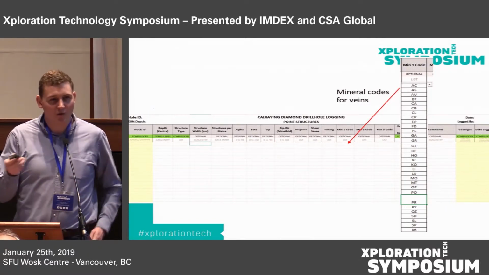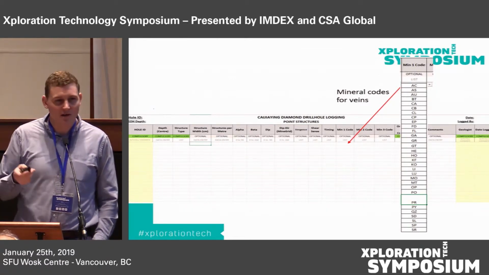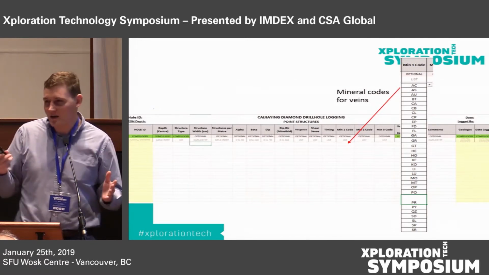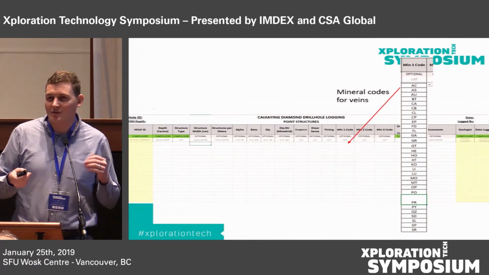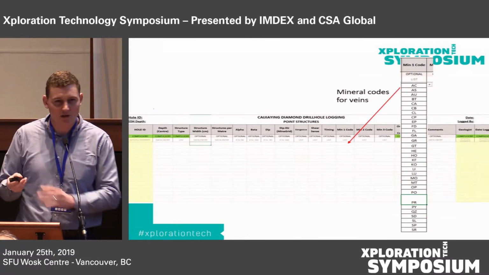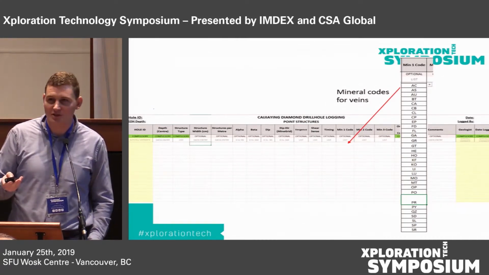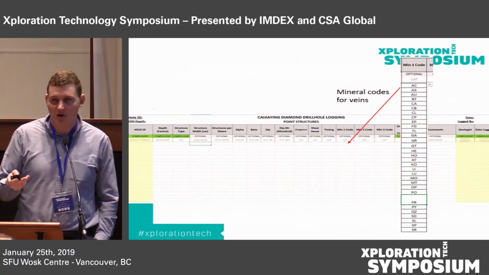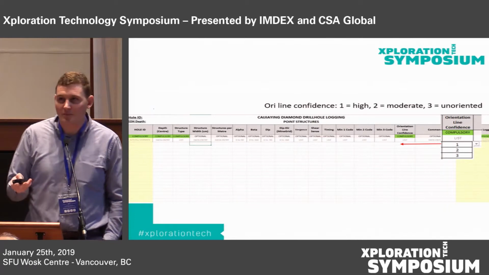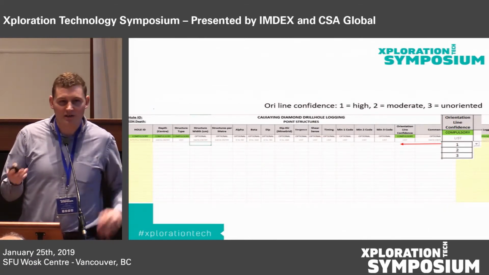I've often seen when structure is logged, very often in the comments section of a drill log, people will say, this is X shear, and it indicates Y. So we want to get away from that interpretation in our logging into a purely observational frame. And setting up systematic logging procedures for structural logging is part of that. And then finally, giving a confidence index to your orientation line.